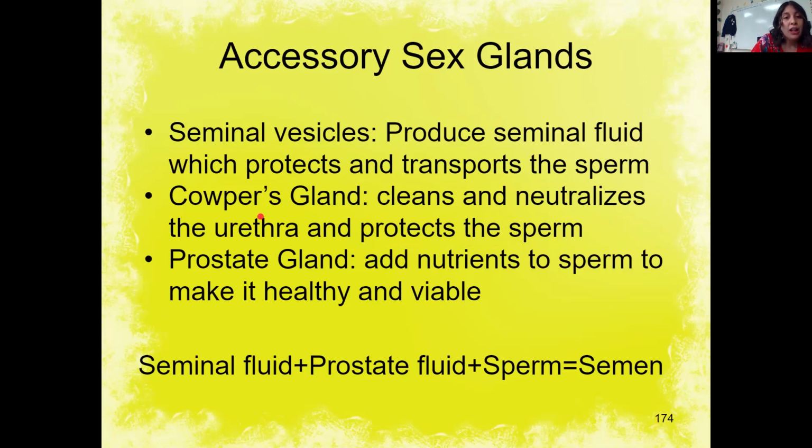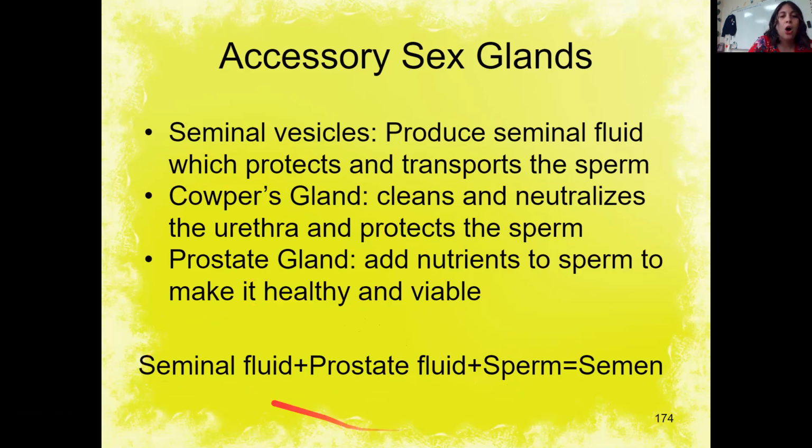So before the sperm makes its way out, before the animal ejaculates, the Cowper's fluid comes through, neutralizes everything, literally a clean slate. Then, as the animal is preparing to ejaculate, preparing to release the sperm, as the sperm makes its way through the reproductive system, it's mixing in with seminal fluid from the seminal vesicles and prostate fluid from the prostate gland.